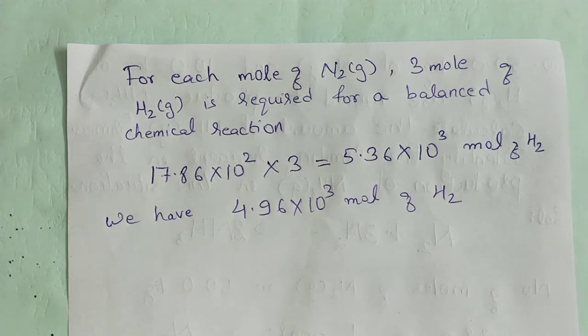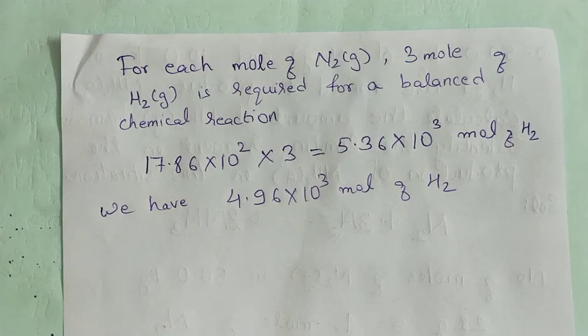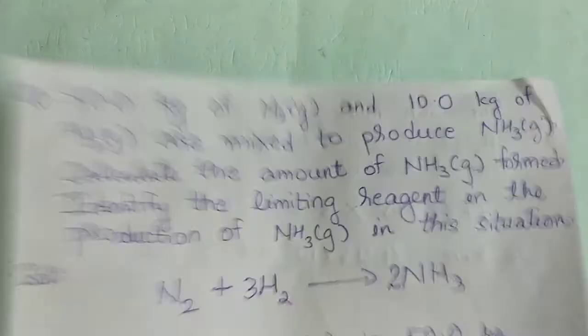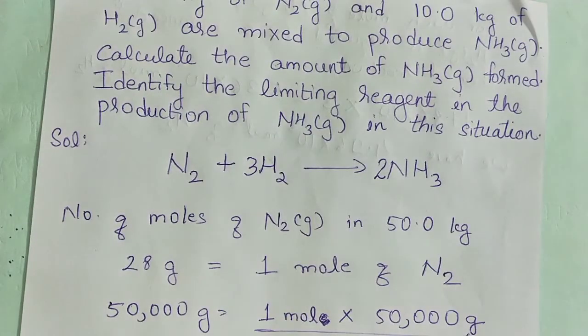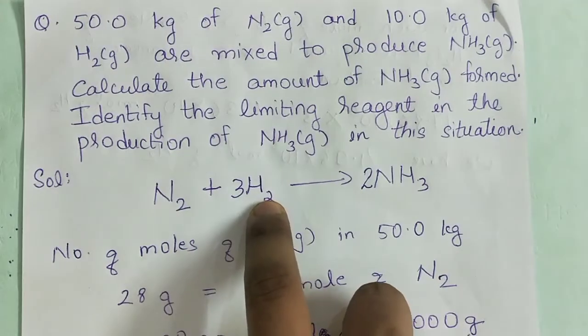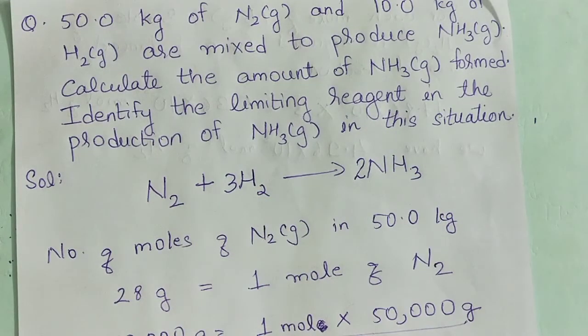Now, so we know that not all the nitrogen gas will be converted into the ammonia gas because we don't have enough hydrogen. Now look at again back to this balanced chemical equation. 3 mole of hydrogen gas is required for 2 mole of ammonia gas.